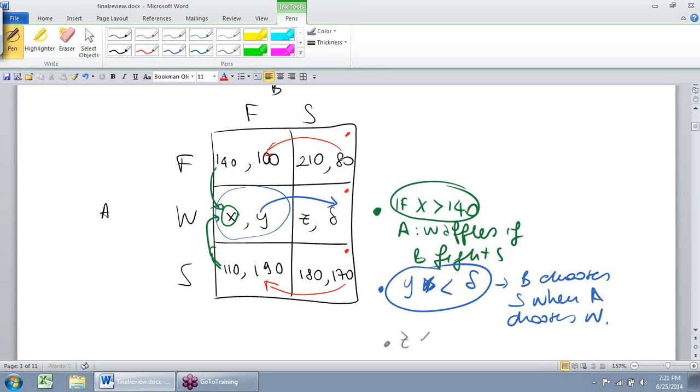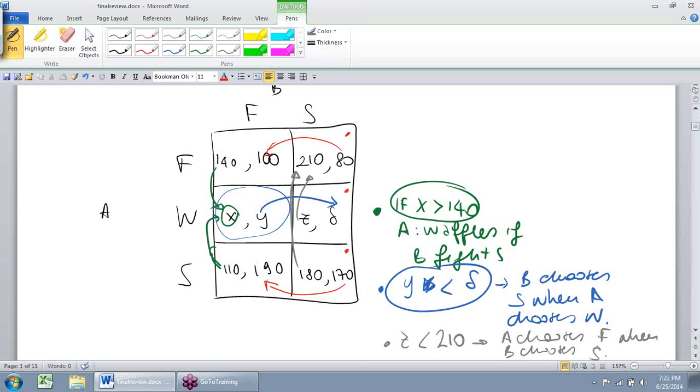If Z is smaller than 210, then we will have an arrow going from share to fight and an arrow going from waffle to fight, because Z is lower than 210. So that A chooses fight when B chooses to share. And so we do not have a Nash equilibrium. So again, why do we need Z to be smaller than 210?